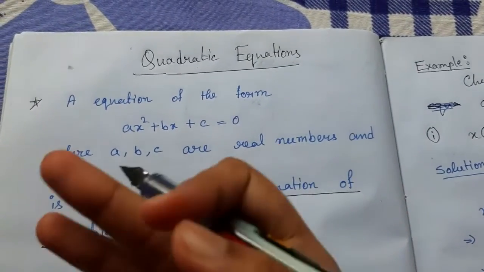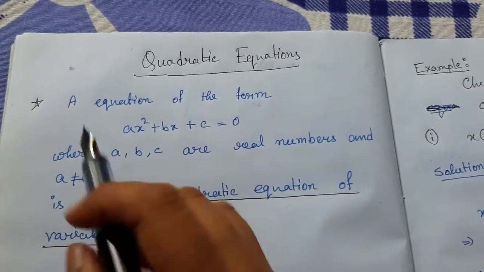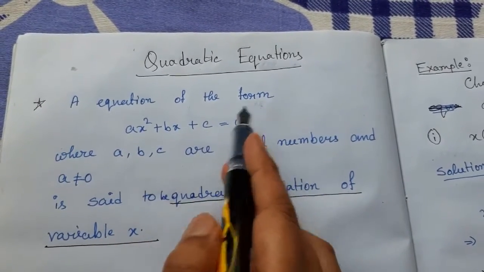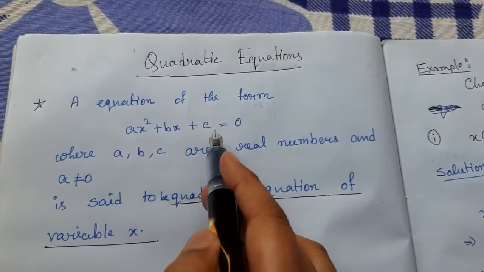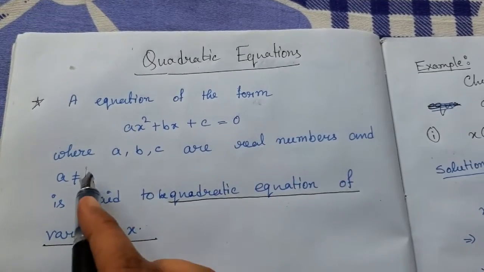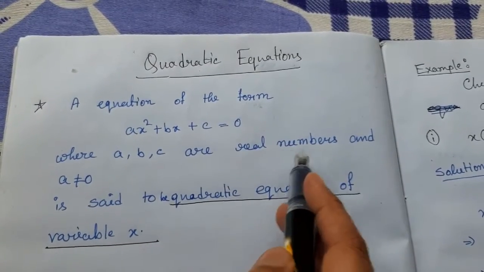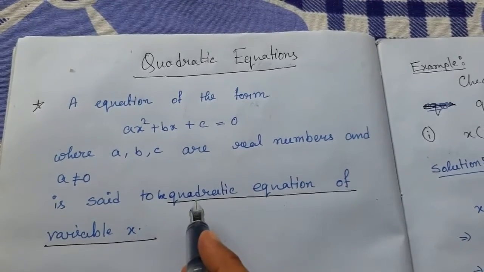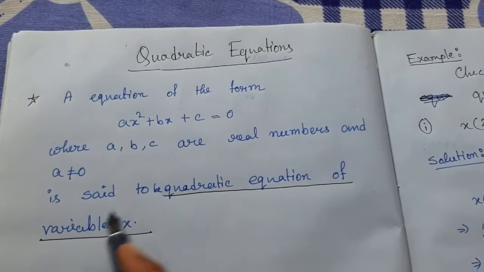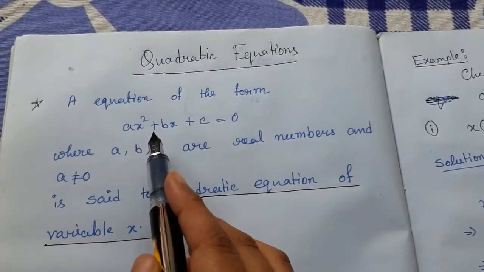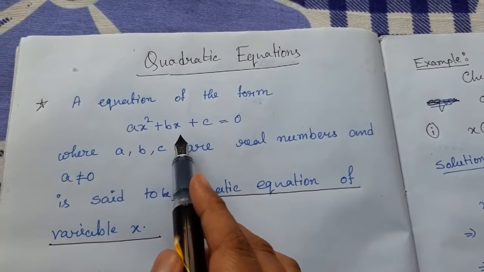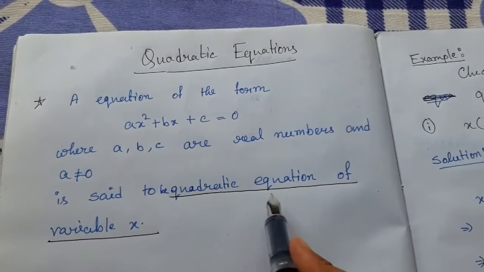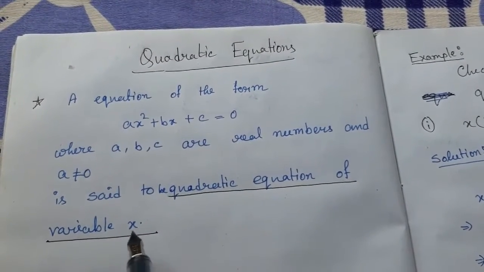Now, what is quadratic equation? An equation of the form ax square plus bx plus c equal to 0, where a, b, c are real numbers and a not equal to 0, is said to be a quadratic equation of variable x. Since in the place of variable I used x, that's why this is a quadratic equation of variable x.